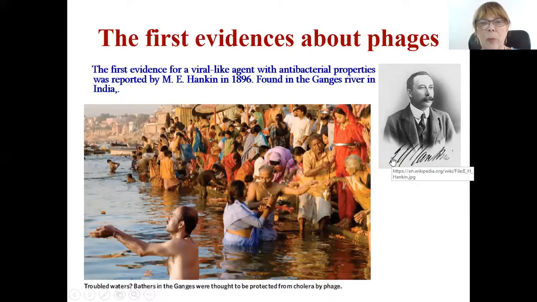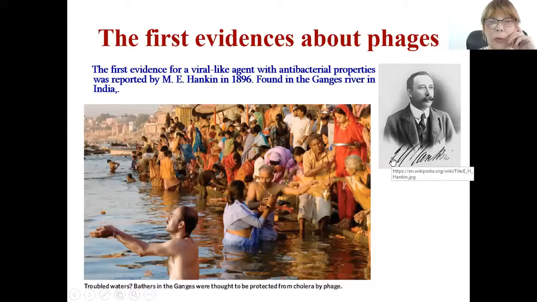And he observed people getting into the river banks for religious procedures, and he was interested why people were doing this, so he decided to take a sample of water in the beginning of the city and in the end of the city. To his surprise, he found out that in the end of the city, where he expected to have a large number of cholera Vibrio, there was a much smaller amount of these bacteria than in the beginning of the city.